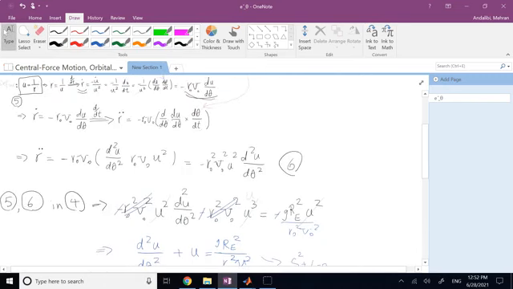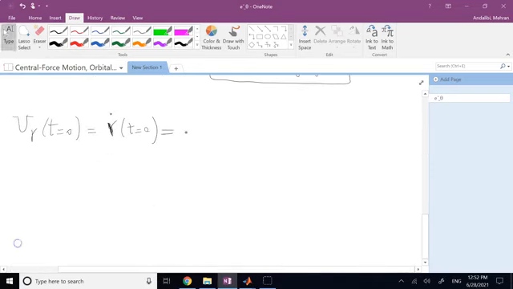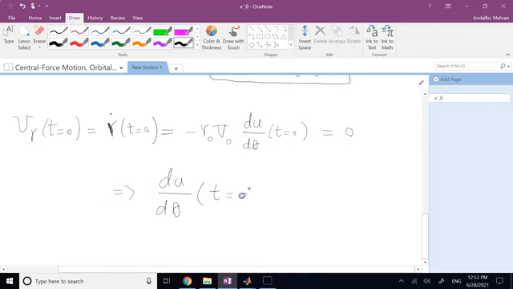So I need to go back and find my r dot, and if you look here, my r dot was negative r naught v naught du over d theta. So let's write it down, negative r naught v naught du over d theta at time 0. This whole thing has to be 0. At time 0, this is 0. And guess what? It is r naught and v naught, which cannot be 0. Therefore, it means your first time derivative of u with respect to theta at time 0 has to be 0.